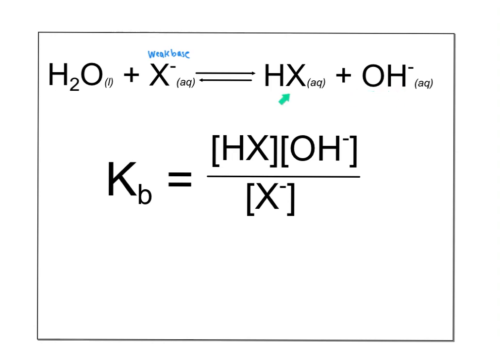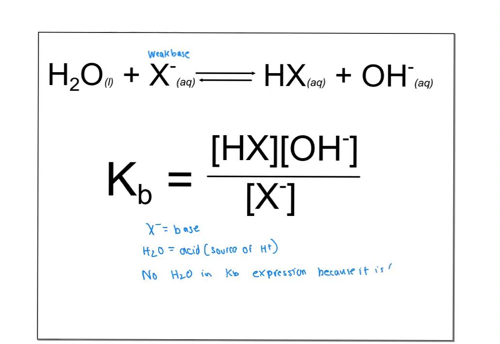But we can still do products divided by reactants. Notice X minus is our base. H2O would be our acid in this reaction. And there's no H2O in the Kb expression because it is liquid.